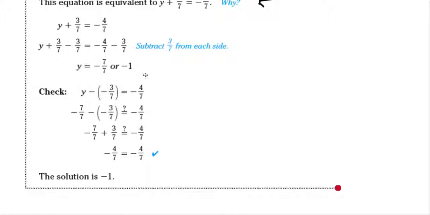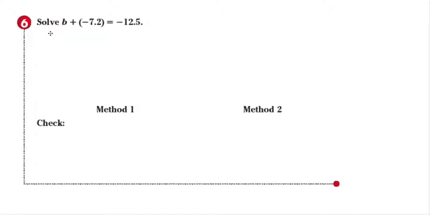Finally, one more example, and this is example number 6. Solve b plus negative 7.2 equals negative 12.5. So the equation is equivalent to b minus 7.2 equals negative 12.5, again using the definition of subtraction, just as we stated in example 5, but we just did the opposite procedure.